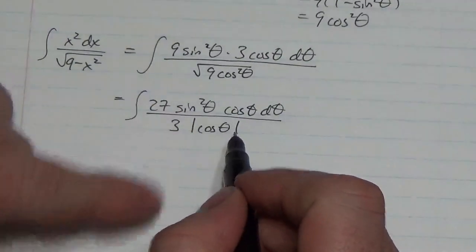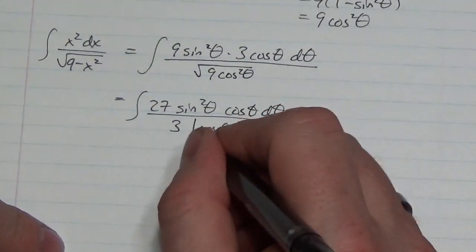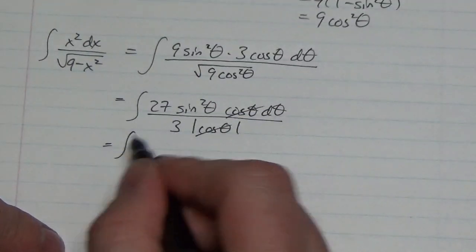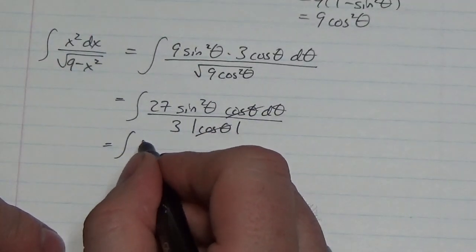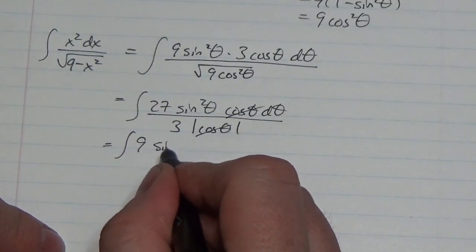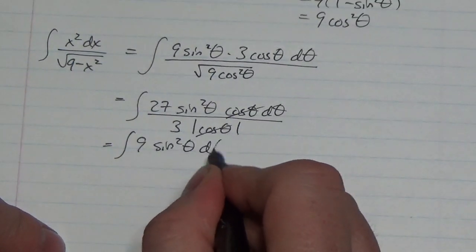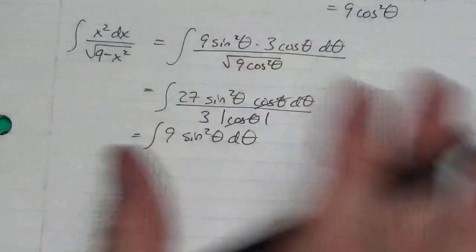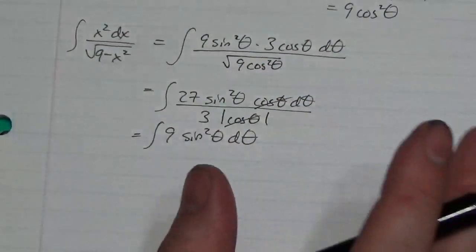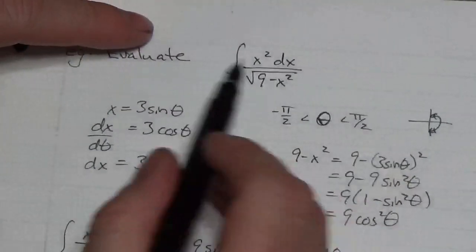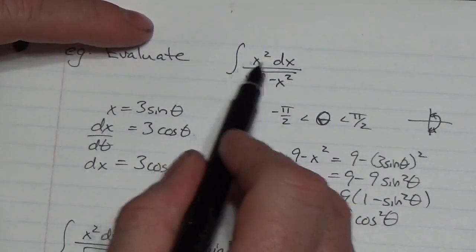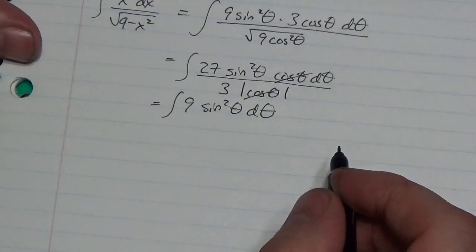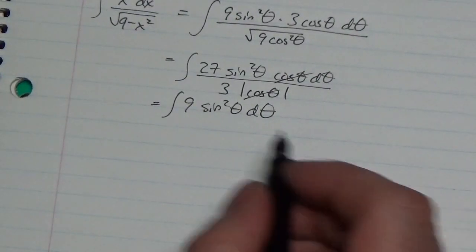So I don't even really need the absolute values here. The cosine is going to cancel, the 3 is going to cancel, and we're going to be left with the integral of 9 sine squared theta d theta. All right, so I was wonderfully able to transform this equation with its binomials and the square in the numerator to this beautiful little trigonometric integral.